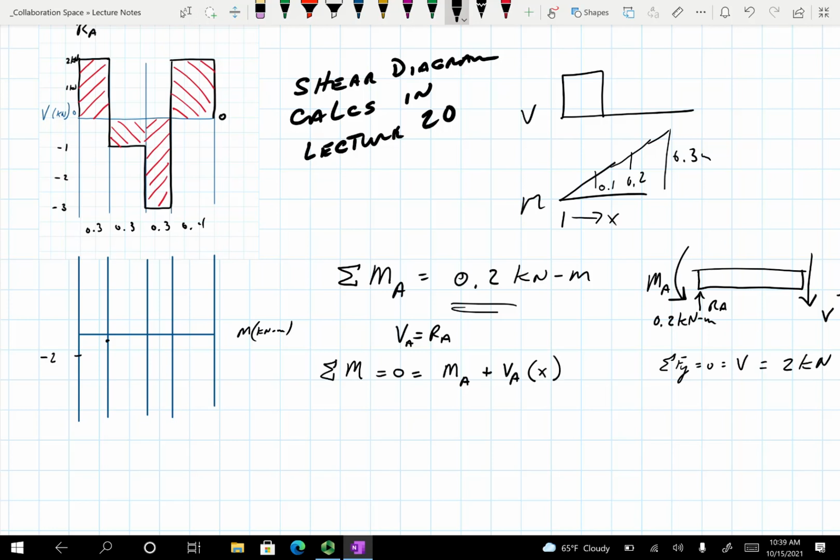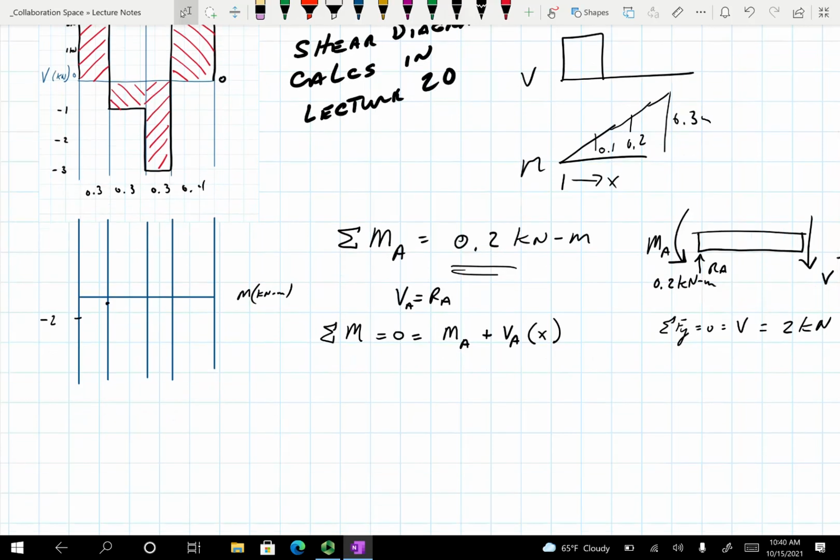We do know the distance. It's going to be 0.3, okay? And then we have one leftover piece out here, is we really want to know the moment. So the moment is what we're looking for. So I got to bring the moment to the right side, so that becomes a negative.